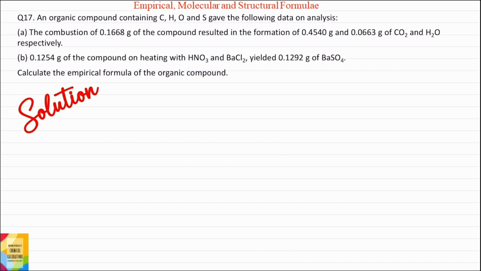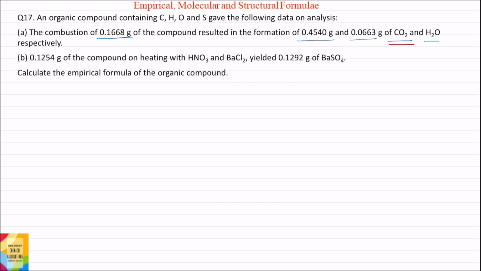Now the weight of the compound is 0.1668 gram. The weight of carbon dioxide is given as 0.4540 gram and the weight of H2O is given as 0.0663 gram. Now 1 mole of carbon dioxide contains 1 mole of carbon.